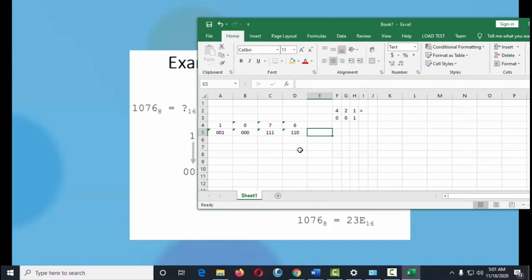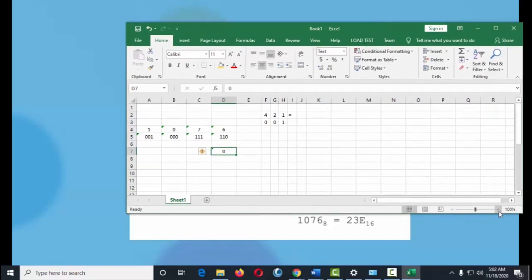The first grouping is 0, 1, 1, 1. Remember this is the one that we will be grouping.